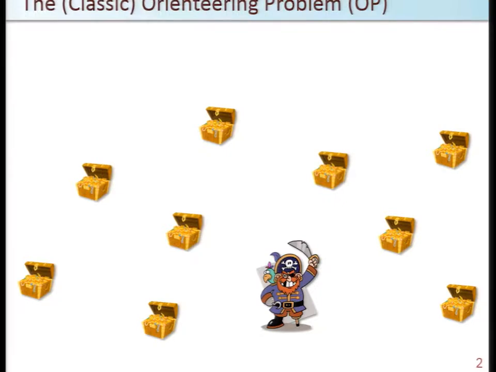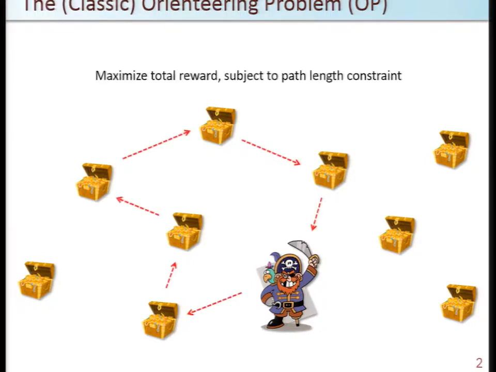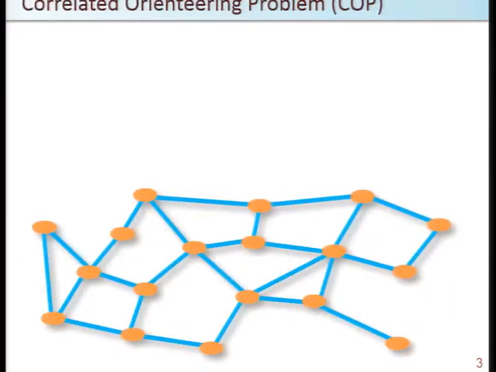Therefore, these treasure hunters want to plan very carefully a route so as to maximize the collected reward, while at the same time not running over its travel budget. I want to mention that the orienteering problem and the problem we're going to introduce are all NP-hard problems.